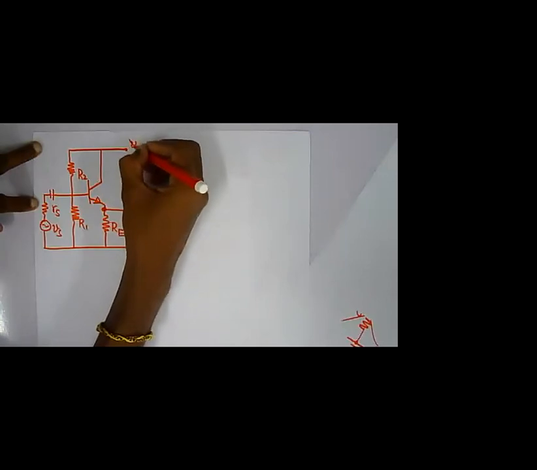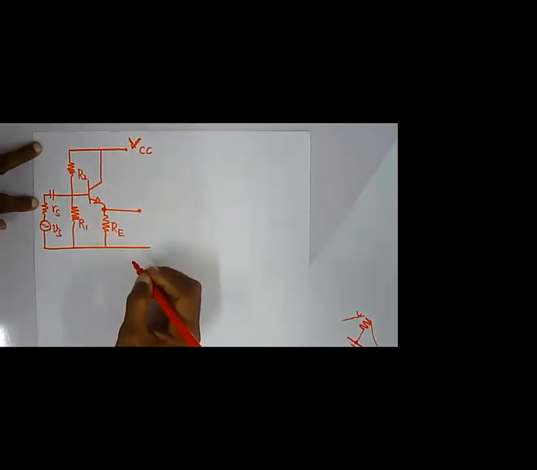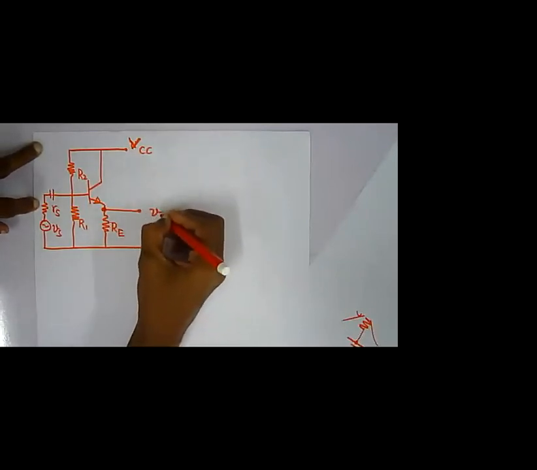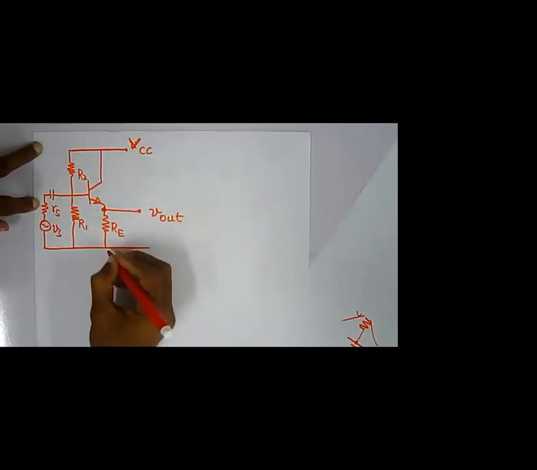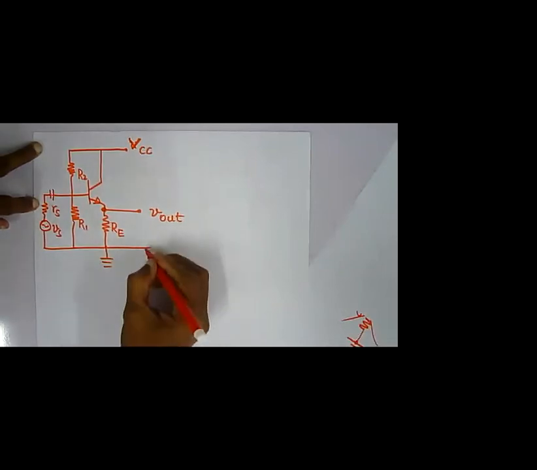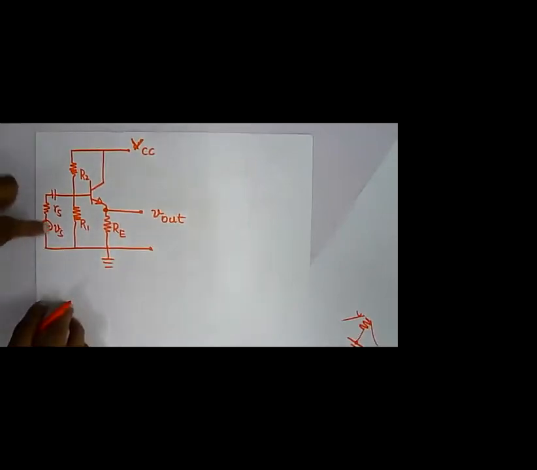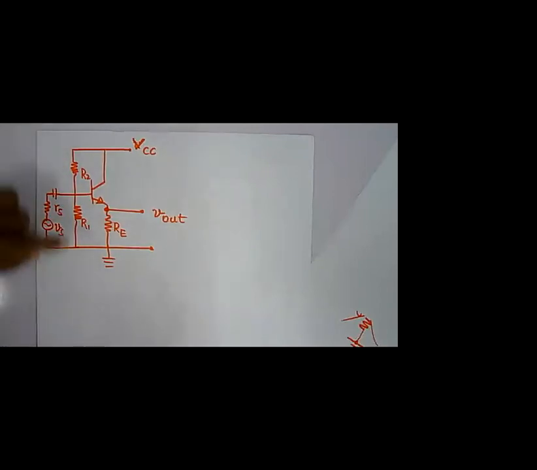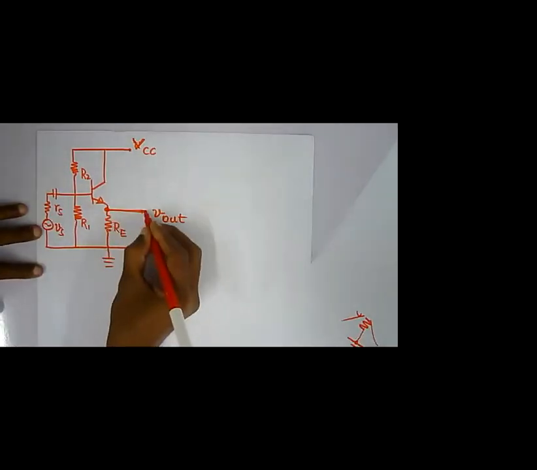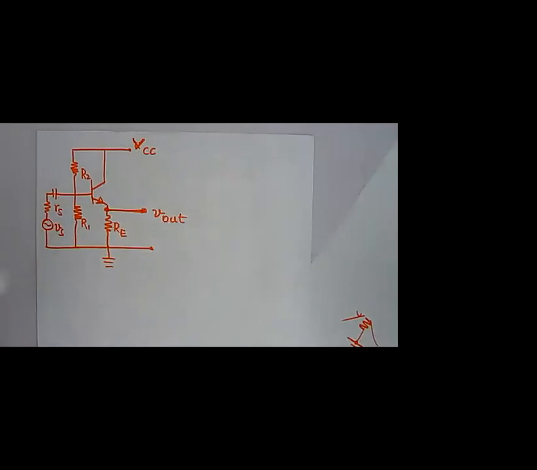This will be VCC. This is DC voltage, and this will be my V out. This is grounded, right? So Vs, V out, VCC, R1, R2, right? So this is my common collector circuit.